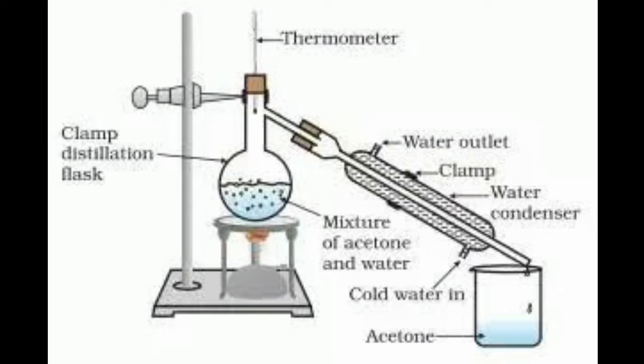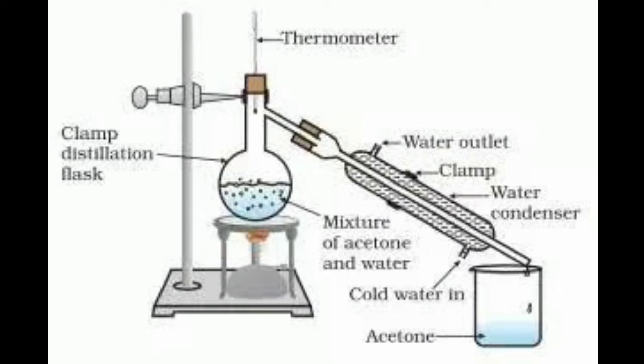Here, a mixture to be separated is taken in a glass flask known as distillation flask. It is provided with a thermometer to record the temperature and an outlet for the vapors. The flask is heated from below as shown in this figure.